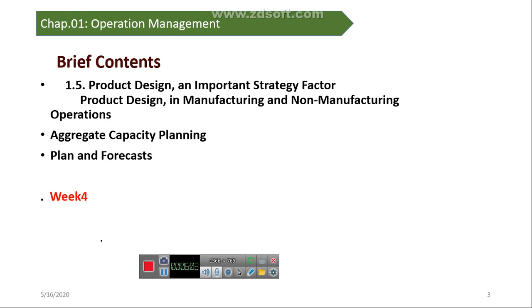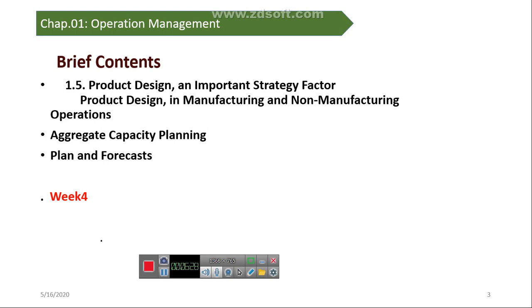So this was regarding the product design. Now improving the design process. How will we improve the design process? Design team. Second, concurrent design. Design for manufacturing and assembly. Design to prevent failure and ensure value.